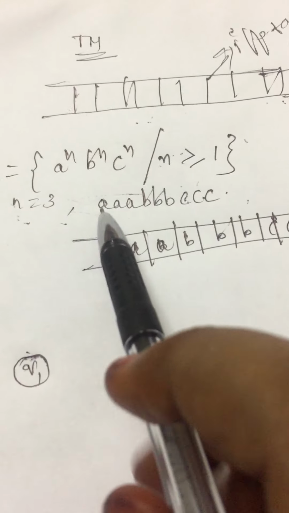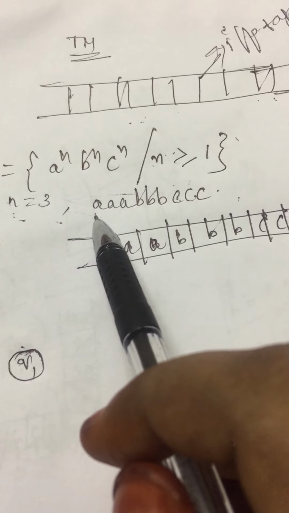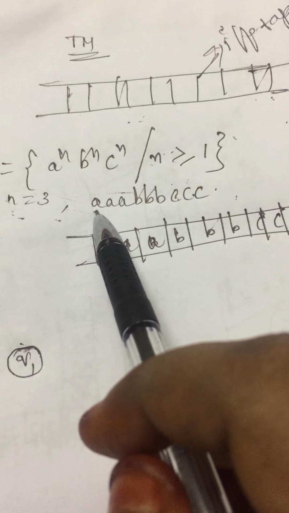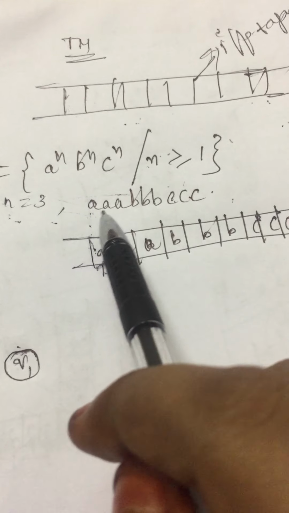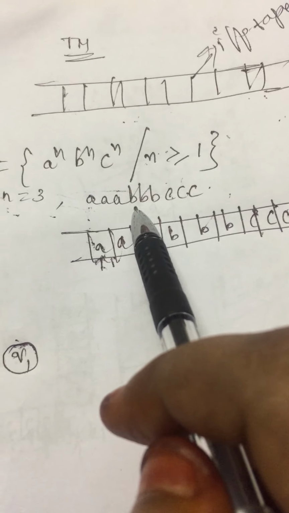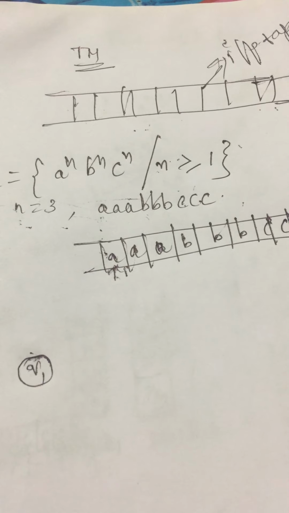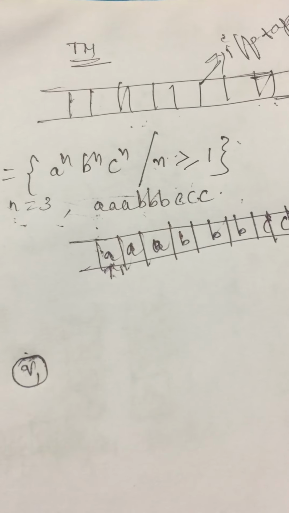So here the logic is, after reading and writing 1A, it moves to the right direction in search of 1B. That means at a time only 1A, 1B and 1C will be processed.